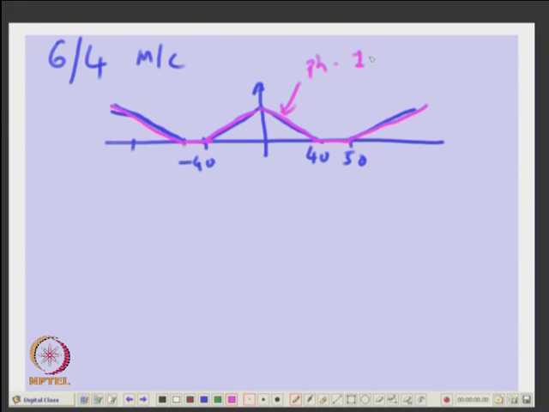Then phase 2 is shifted by 30 degrees. So instead of this being 0 here, you have variations from 0, then 20, it is not very accurate, and it goes up to 60.